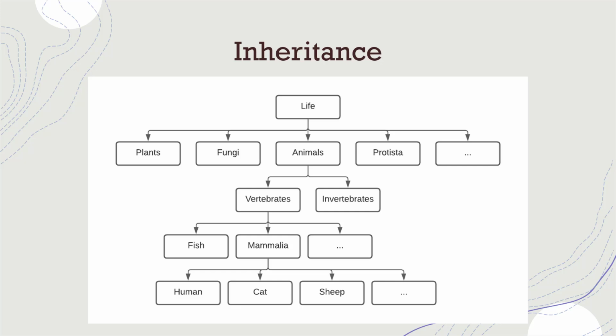Also, looking at this inheritance structure, you can see that we do not really have objects of classes such as life or class animal, but we have objects of class cat, sheep, and human. When superclasses do not have a direct object like in here, then they are called abstract superclasses.